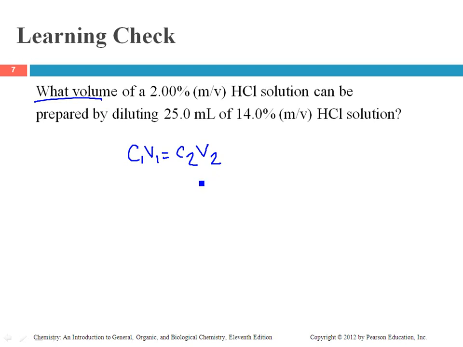So if we isolate V2 by itself, go ahead and rearrange. It'll look like this. Okay, and you can write out, if you want to, in a little table, your C1, your V1. But as you get used to doing these problems, you can just plug in the values from what's given to you. So our concentration for our C1 is going to be 14%.